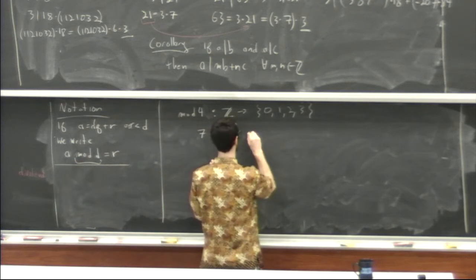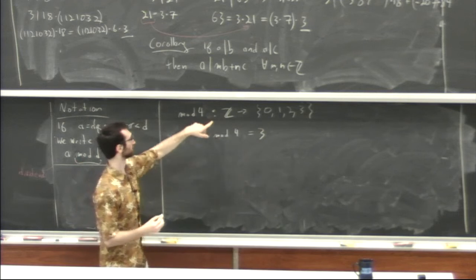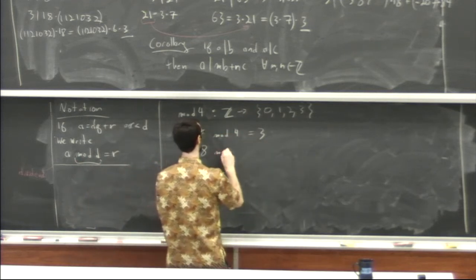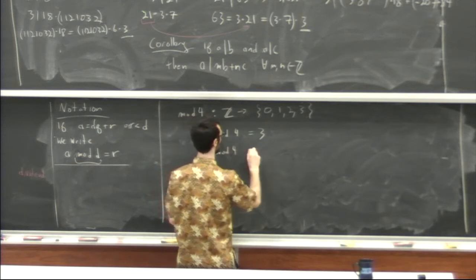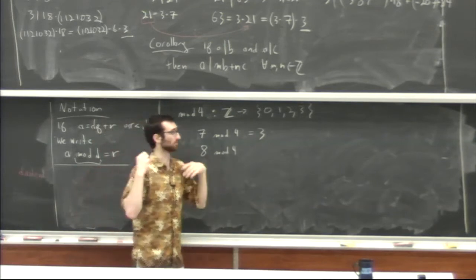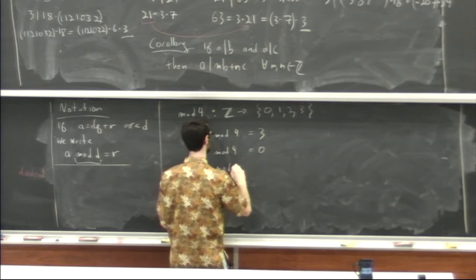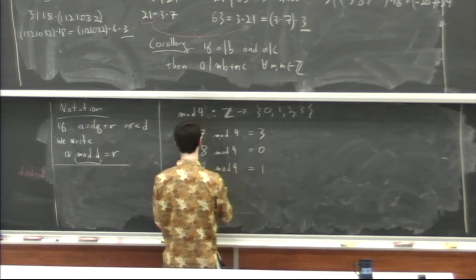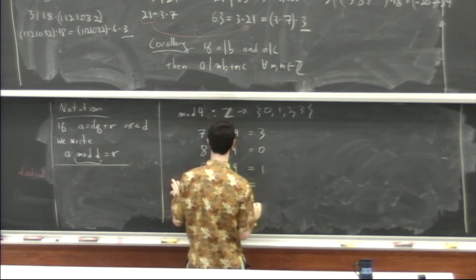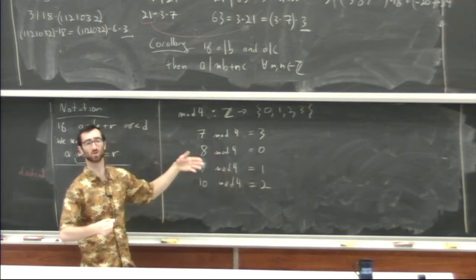So 7 gets mapped to 3 under the mod 4 function from z to this set of numbers. Let's look at 8 mod 4. Well, 4 perfectly divides 8, so the remainder is going to be 0. 9 mod 4 is going to be equal to 1. 10 mod 4 is going to be equal to 2. 11 mod 4 is going to be 3 again, and so on and so forth.